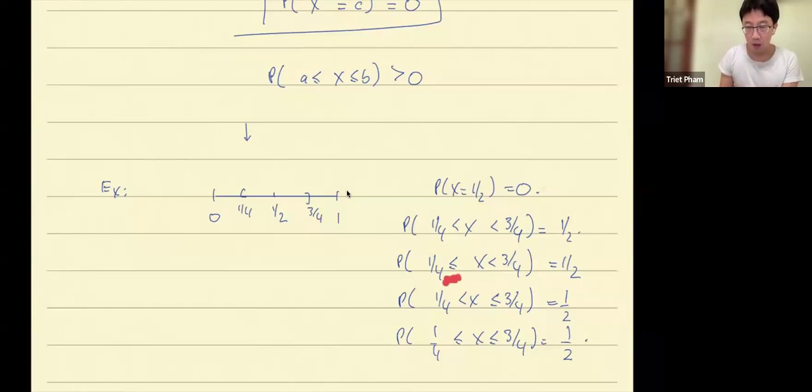With discrete, you cannot. But in general, it's a bad practice anyway to not pay attention unless you know that you don't have to worry. Okay, but if you do know that the random variable is continuous, then whether you write it like this or less than or equal to doesn't matter. Any question?